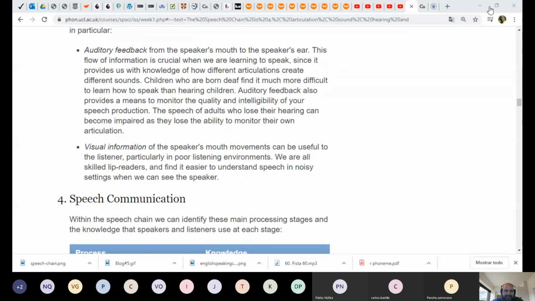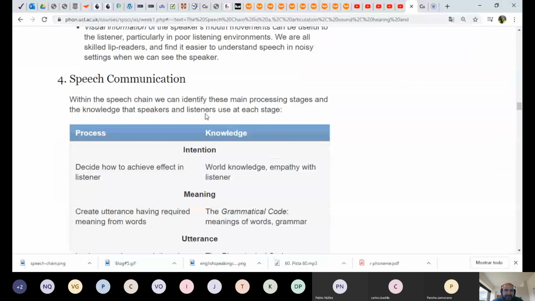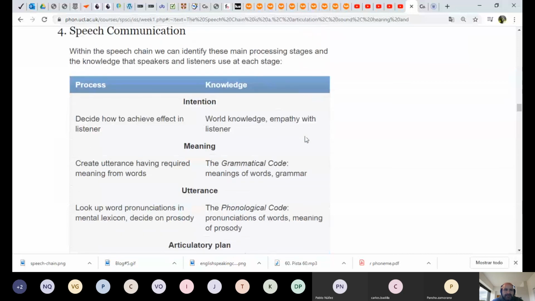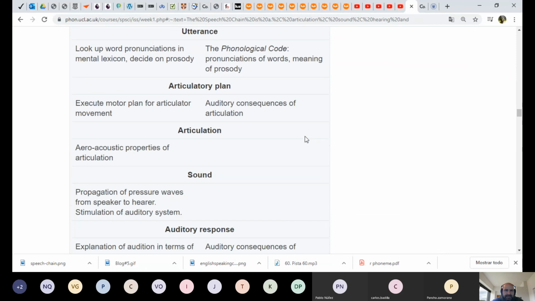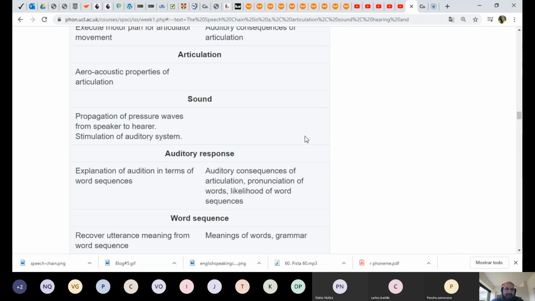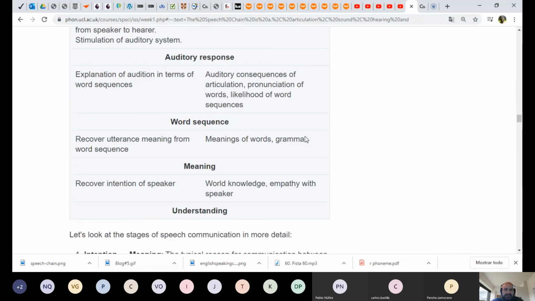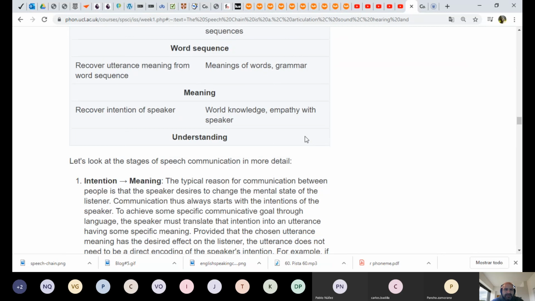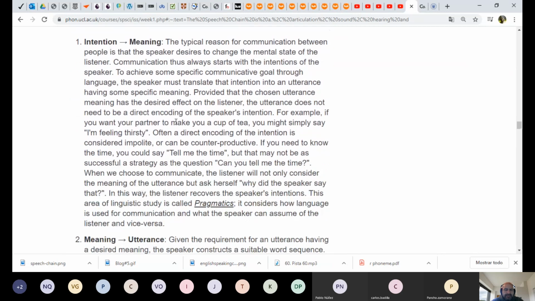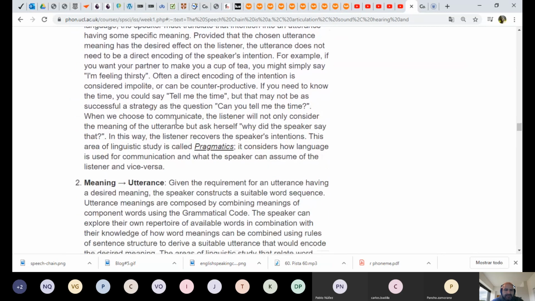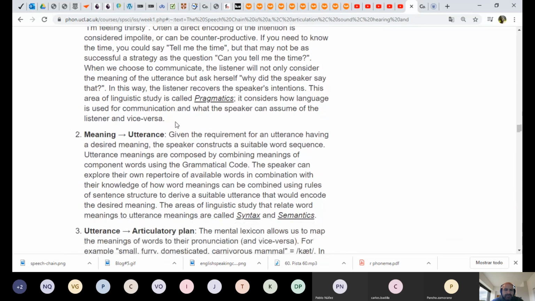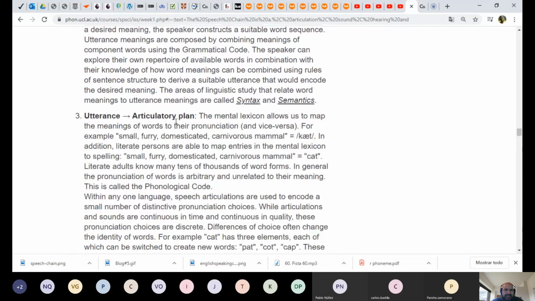So that's the last thing I would like to say. Speech communication here, number 4, is something you cover in linguistics. We're not going into this in detail, but I strongly suggest that you take a look at this because it gives a very detailed explanation about what goes on during the speech chain.